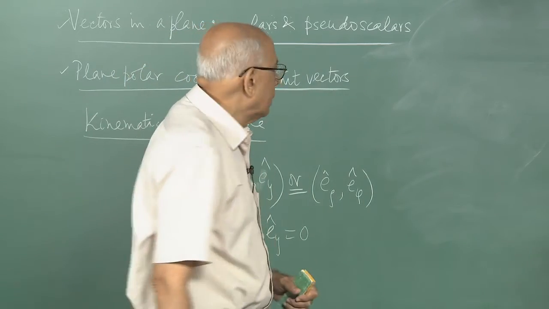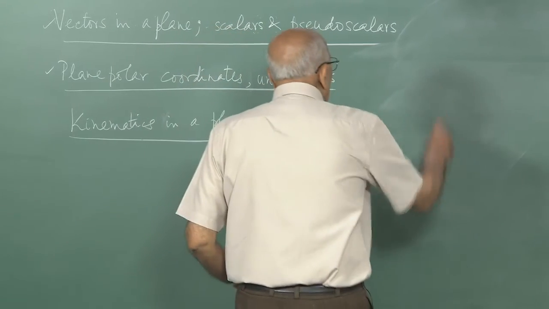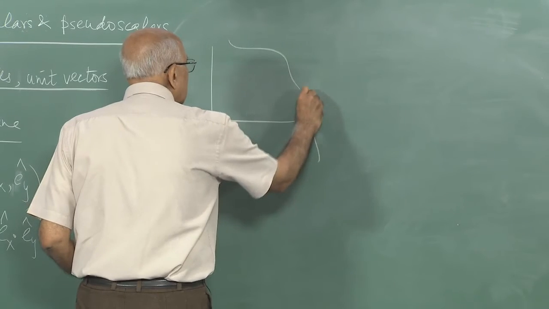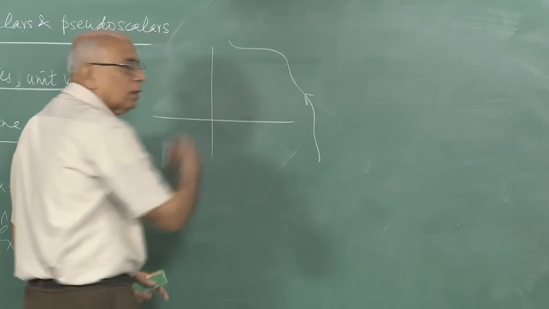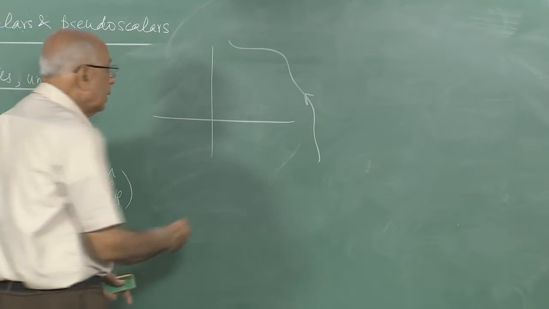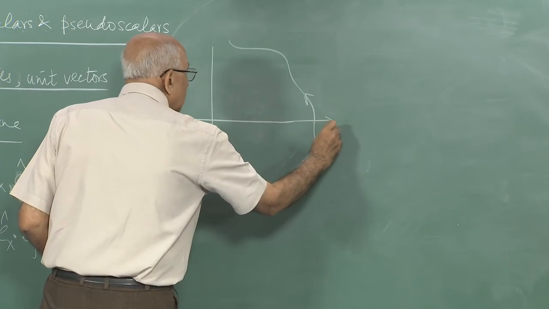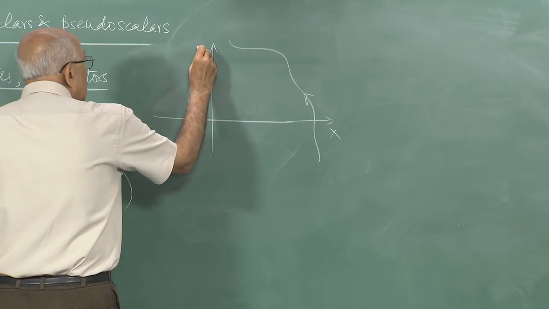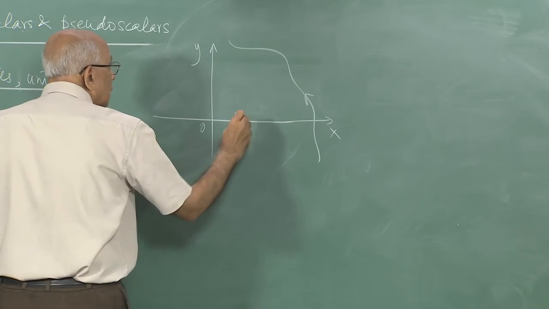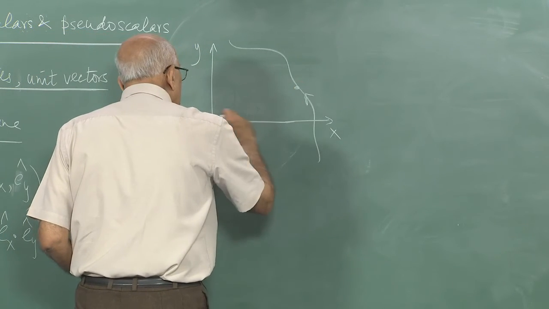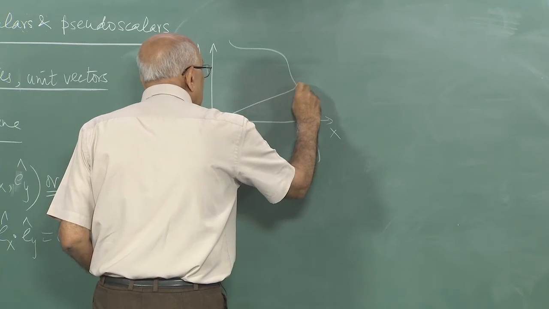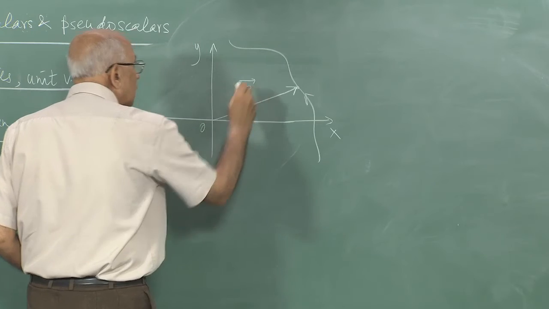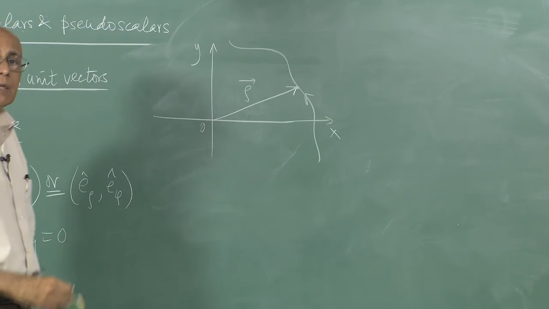and so on. Now first of all, if you have a particle moving in the plane in some arbitrary trajectory in this fashion, that is the path of a particle as a function of time, say, then what you should do to understand the motion of this particle is to use the fact that its position vector at any particular point is the radius vector, which we call rho in this fashion, and that is a function of time.